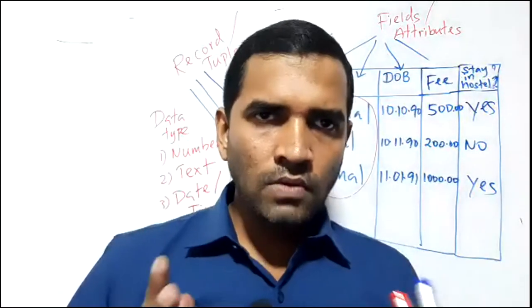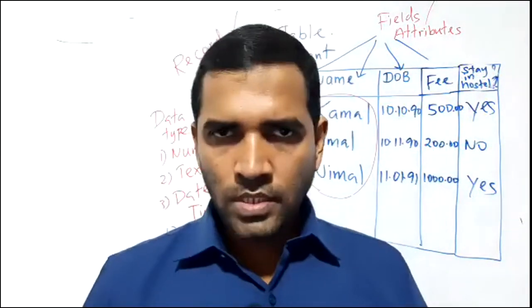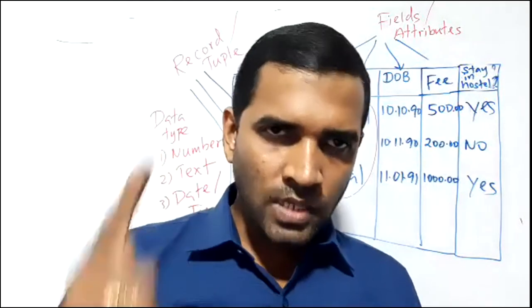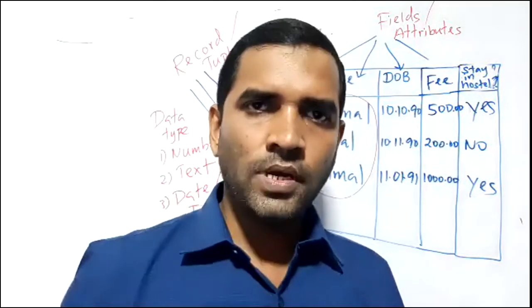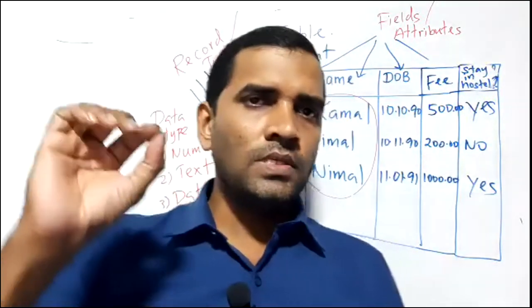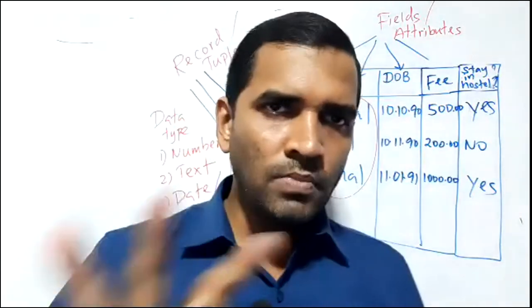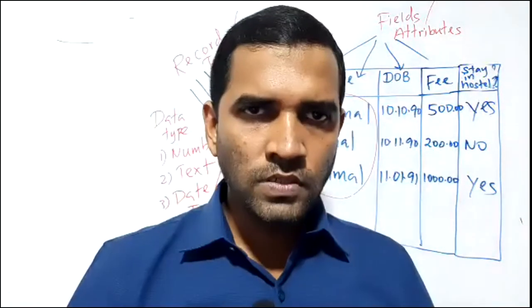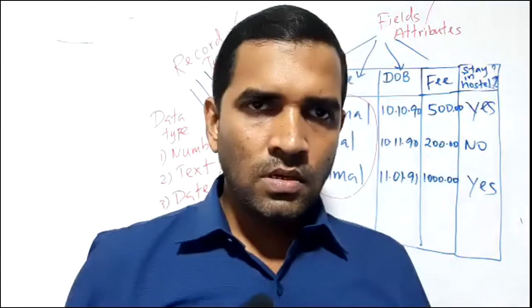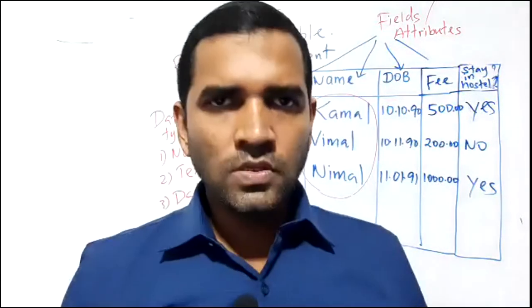There can be 5 types of data found in tables, right? They are number, text, date or time, currency, Boolean. If it is number, only numbers are there. Those data exist in number format only. If it is text, it is a mixture, a combination, right?